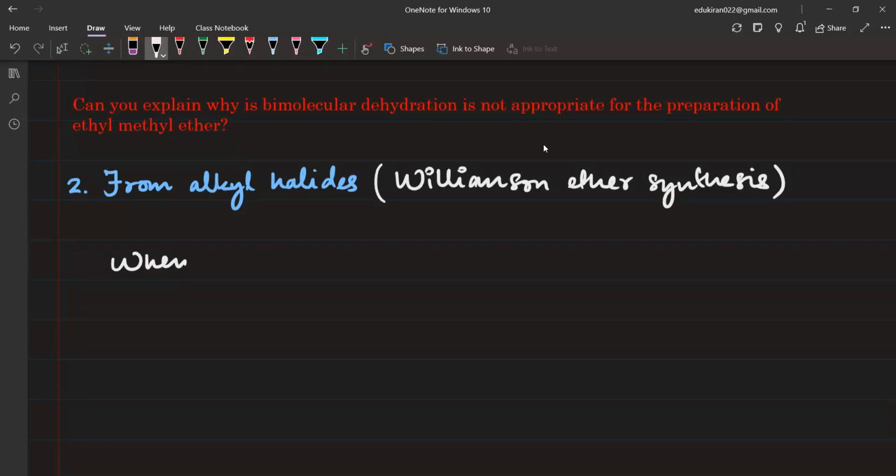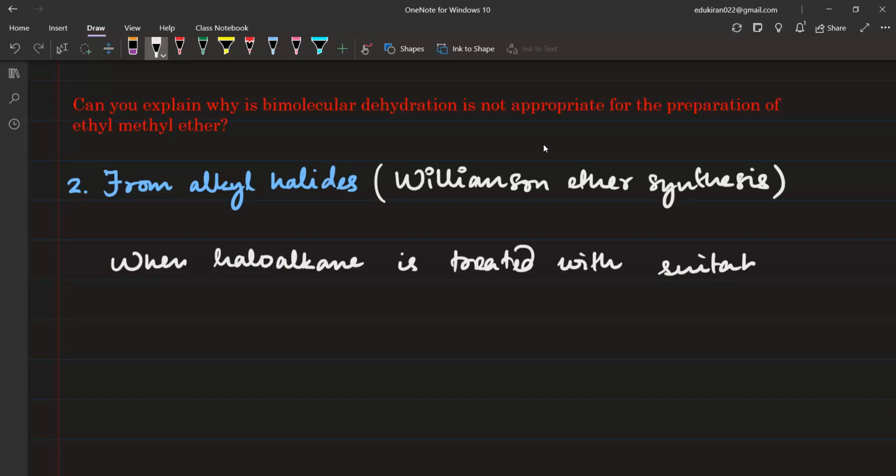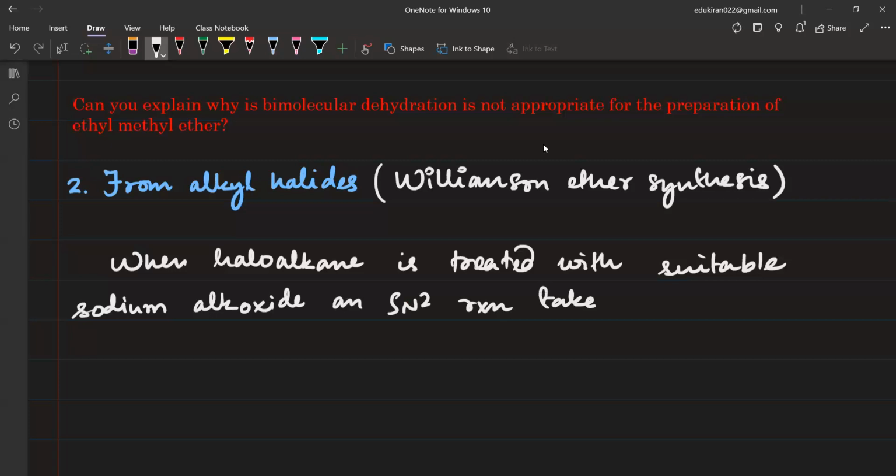Right here, when haloalkane is treated with suitable sodium alkoxide and an SN2 reaction takes place, forming the corresponding ether.